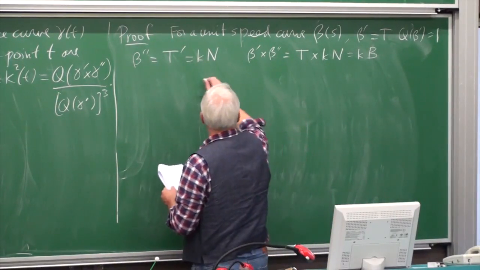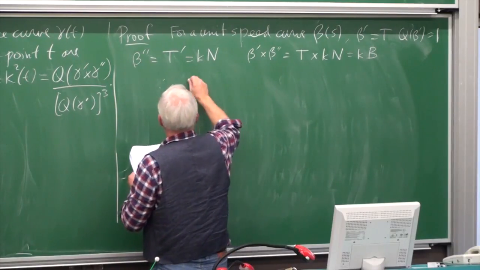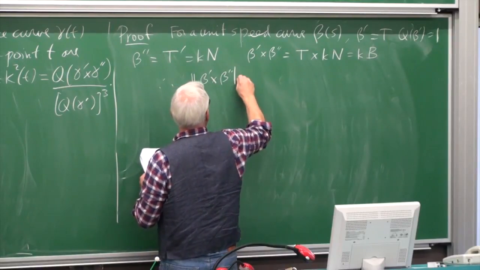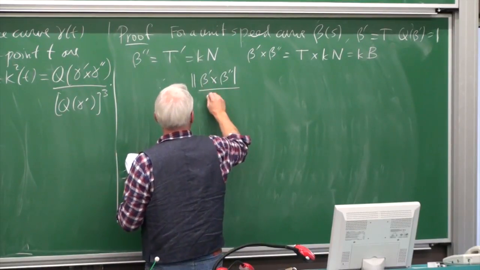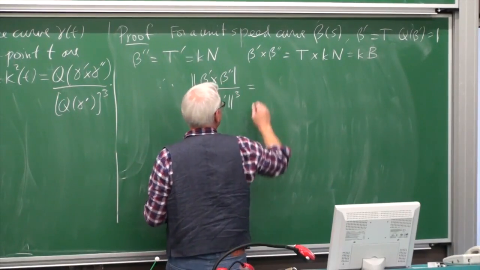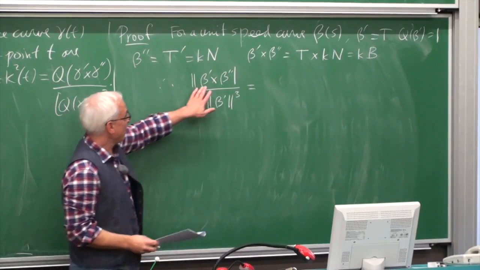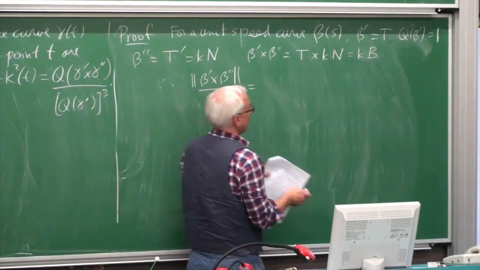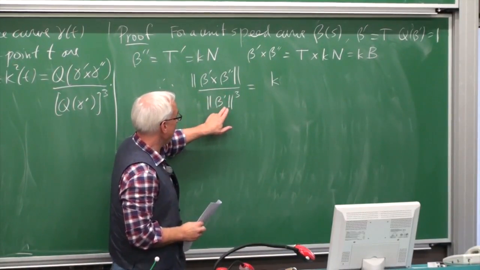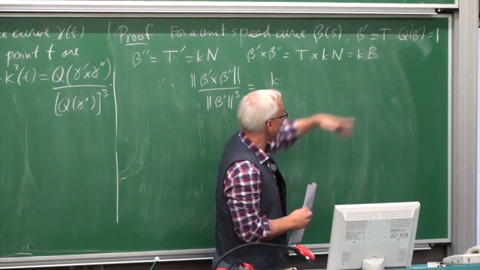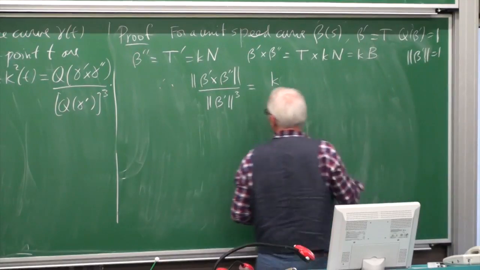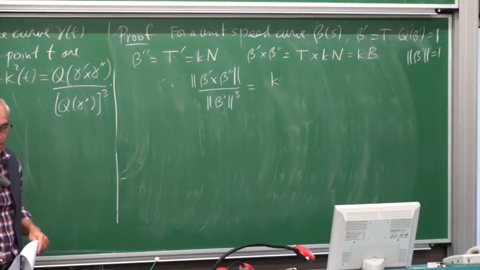And that's telling us, therefore, that if we take the norm of beta prime cross beta double prime and we divide by the length of beta prime cubed, well, the length of this thing is just k. And the length of beta prime is 1 because it's a unit speed curve, so the denominator is conveniently 1.